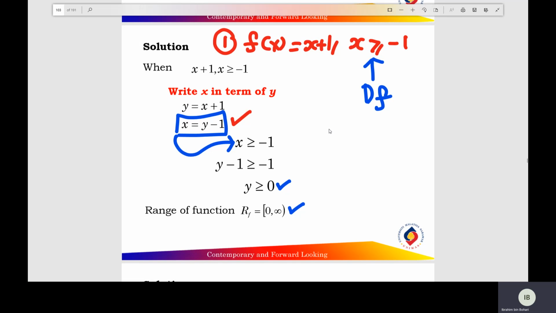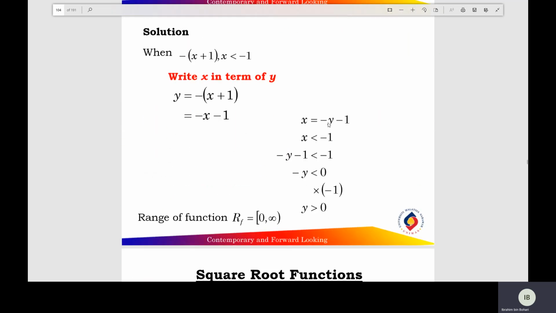Okay, here is the range of the function. And the second part, f(x) equals negative x minus 1.